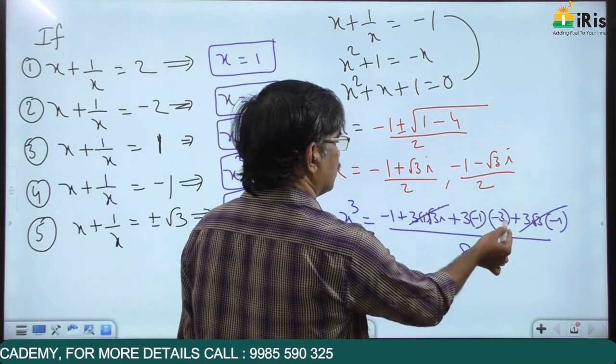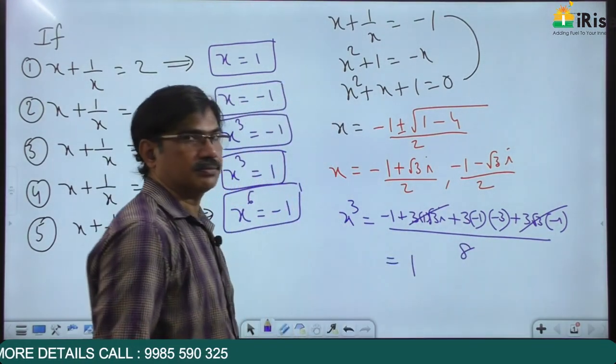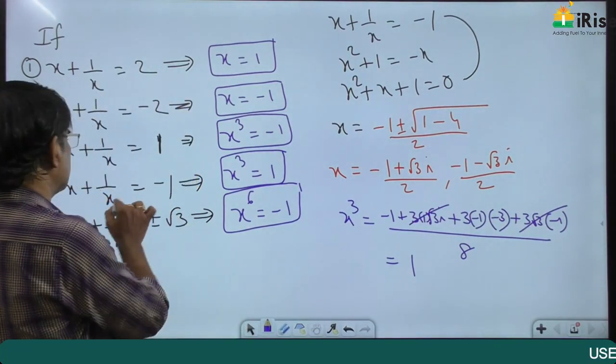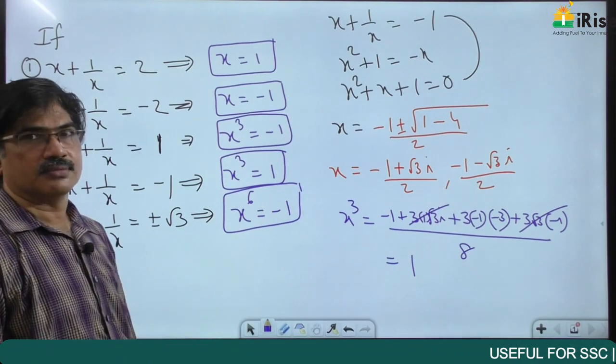These two get cancelled. This is plus 9 minus 1, 8 by 8, which is equal to 1. So if x plus 1 by x is minus 1, then x cube is equal to 1.